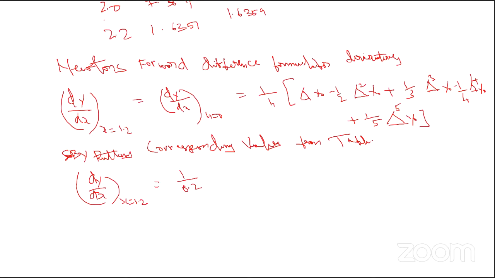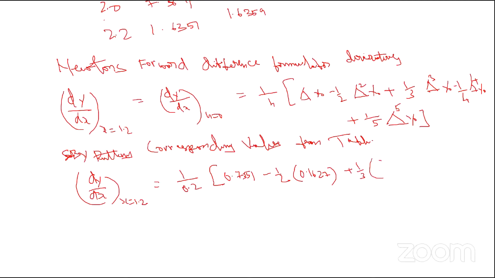That equals delta y naught. Delta y naught is 0.7357351 from the table, minus 1 by 2 delta square y naught. Delta square y naught is 0.1627, plus 1 by 3 delta cube y naught.